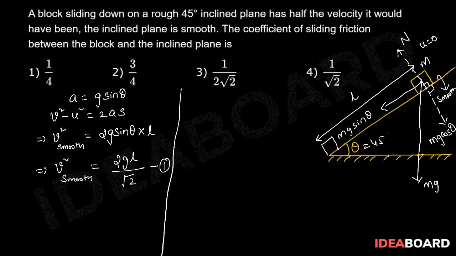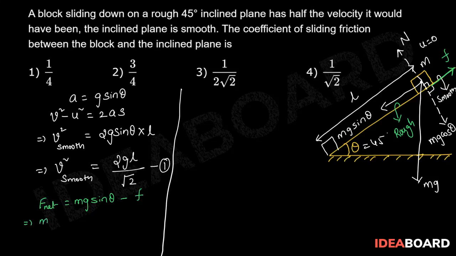Now if we suppose this inclined surface to be rough, then there comes a frictional force which opposes the motion of the block along the inclination in upward direction. So the net force acting on the block down the inclination is given by F net is equal to mg sin theta minus friction.